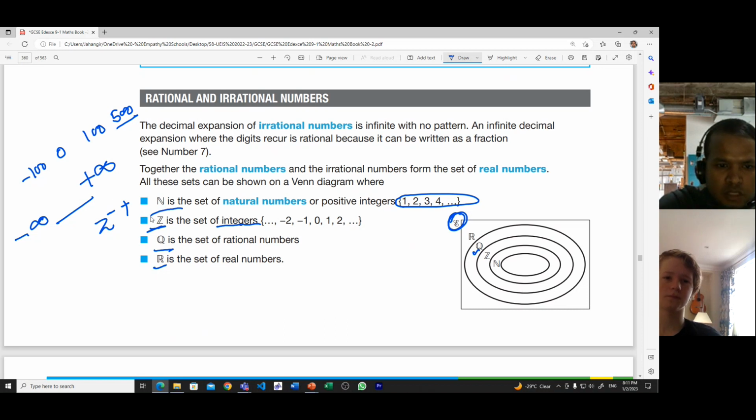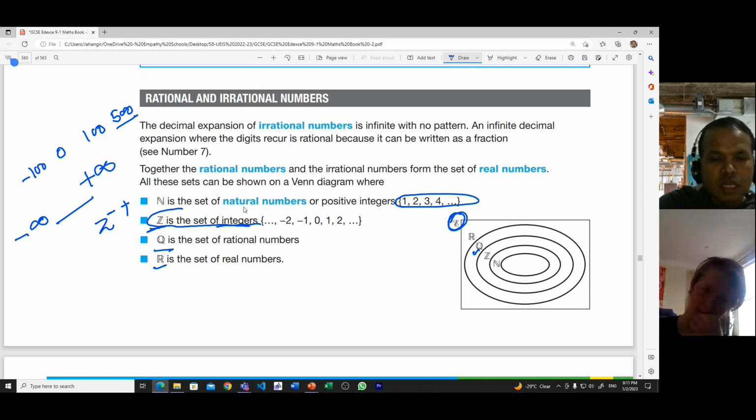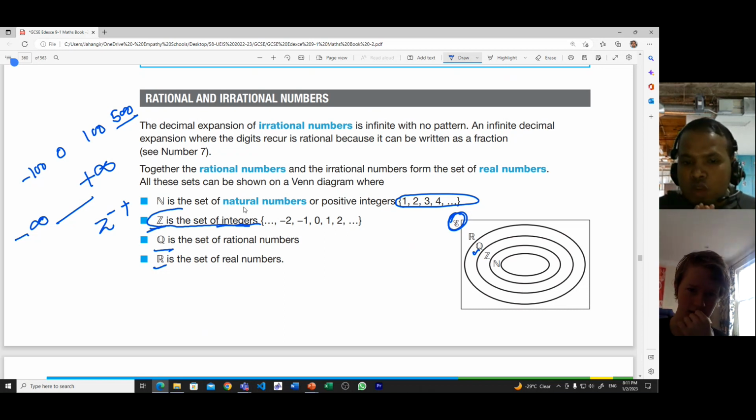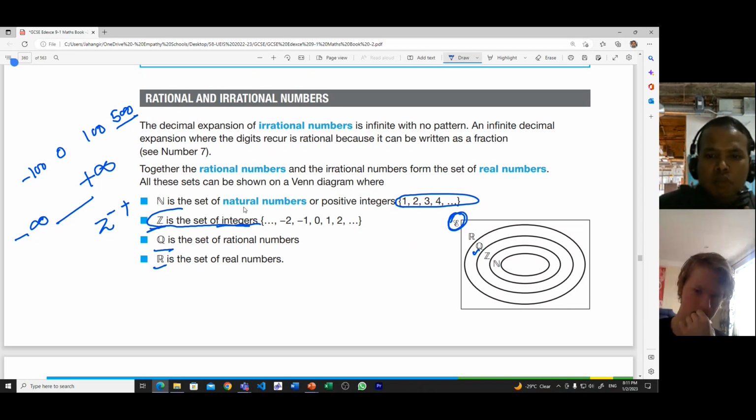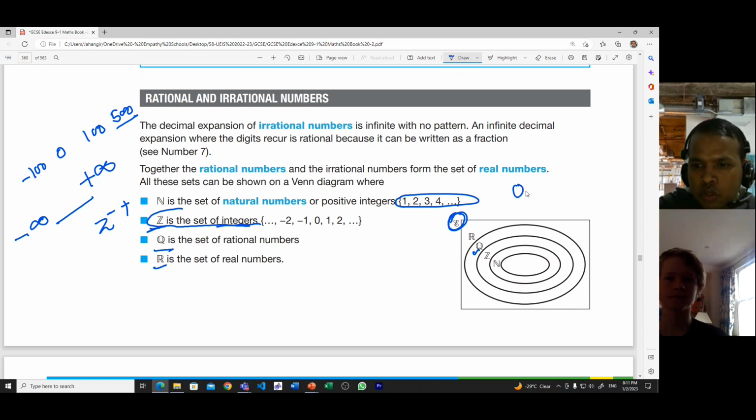So if we are saying only integers, that includes both positive and negative integers, including 0. Natural numbers only include positive integers, right? And there are a few more types. We say whole numbers start from 0, 1, 2 onwards.